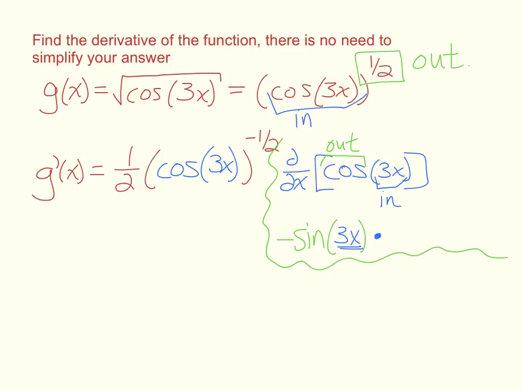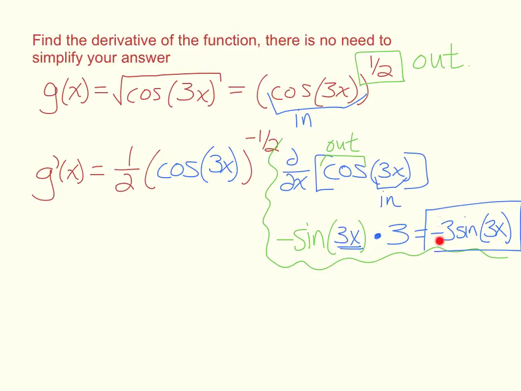In this case the derivative of 3x is just 3. So I can rewrite this to be negative 3 sine 3x. So this is the derivative of cosine 3x.